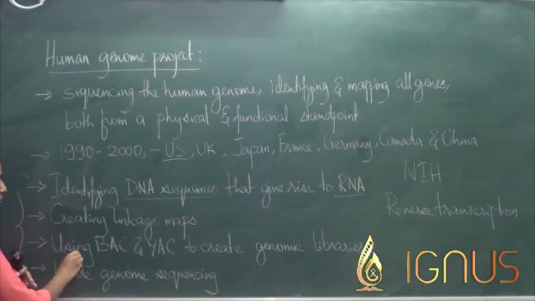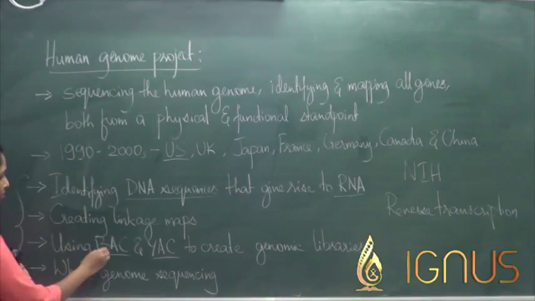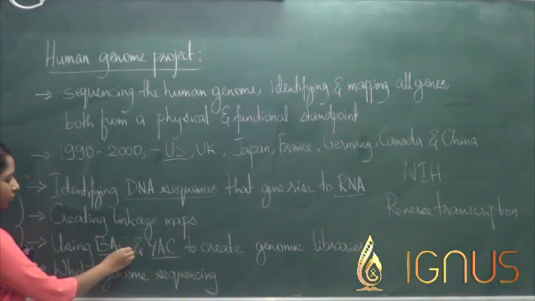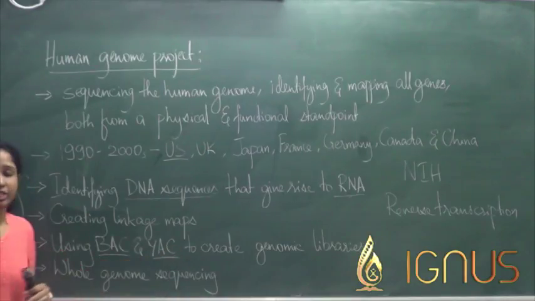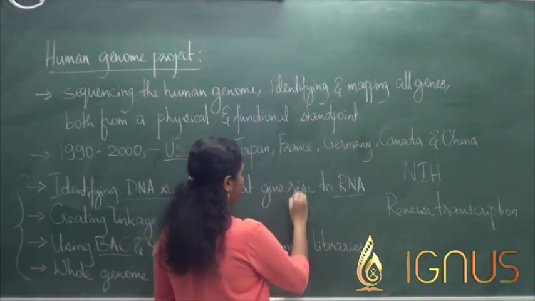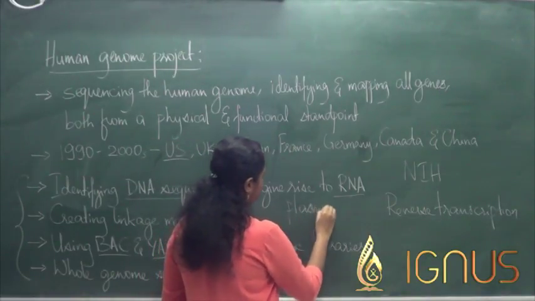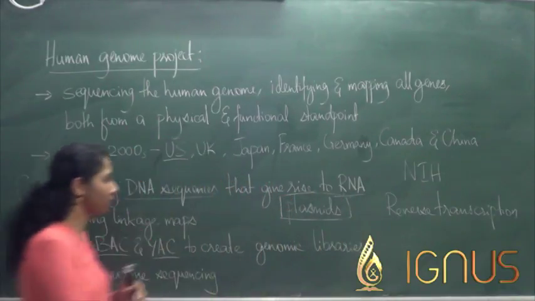And the third thing that they used was BACs and YACs. BAC is bacterial artificial chromosome and YAC is yeast artificial chromosome. So these are plasmids, okay.